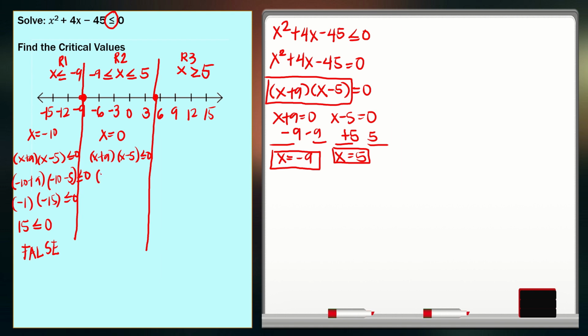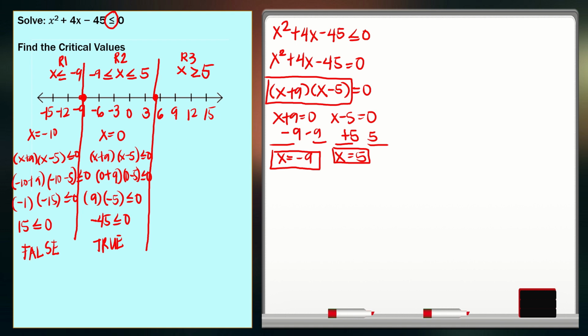So we substitute the value of x to be 0. 0 plus 9 multiplied to 0 minus 5 is less than or equal to 0. 0 plus 9 is 9, multiplied to 0 minus 5, we have negative 5, is less than or equal to 0. 9 times negative 5 is negative 45, is less than or equal to 0. Is it true that negative 45 is less than or equal to 0? The answer is true.